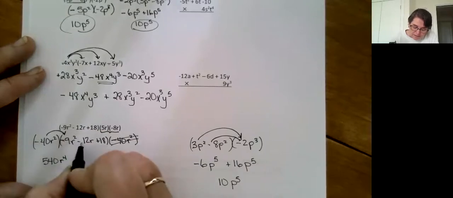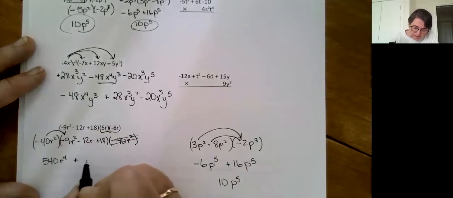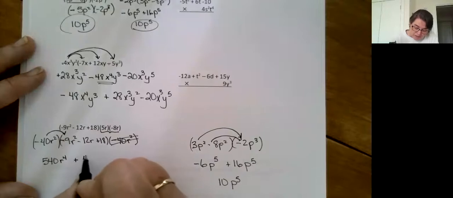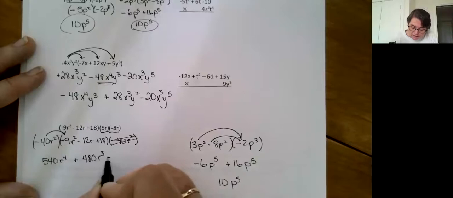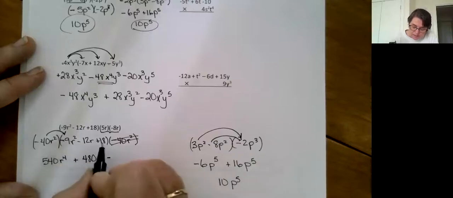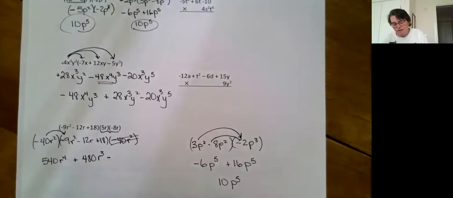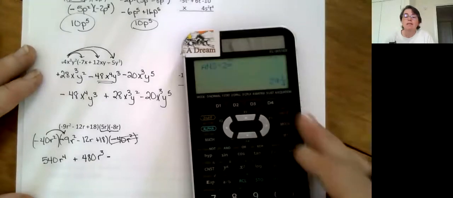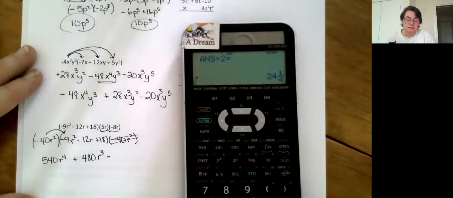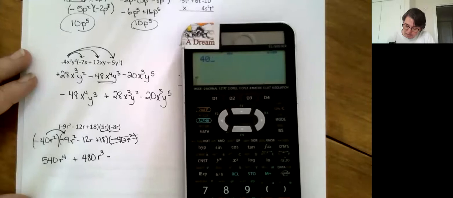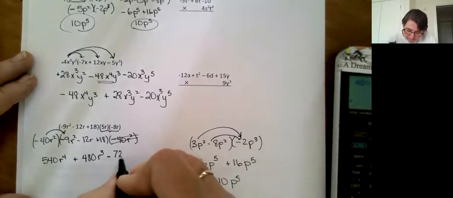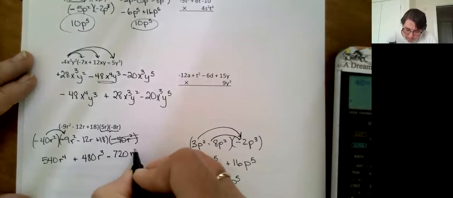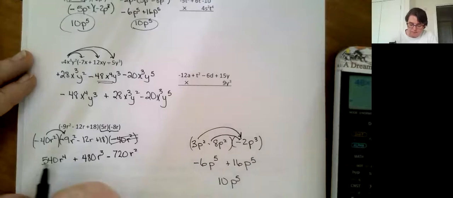Negative 40 times negative 12 is plus, it should be 480 r cubed. Negative 40 times 18. Ooh, that's going to be, nope. My brain just said, nope, not going to do that. So 40 times 18 is 720 r squared. Done.